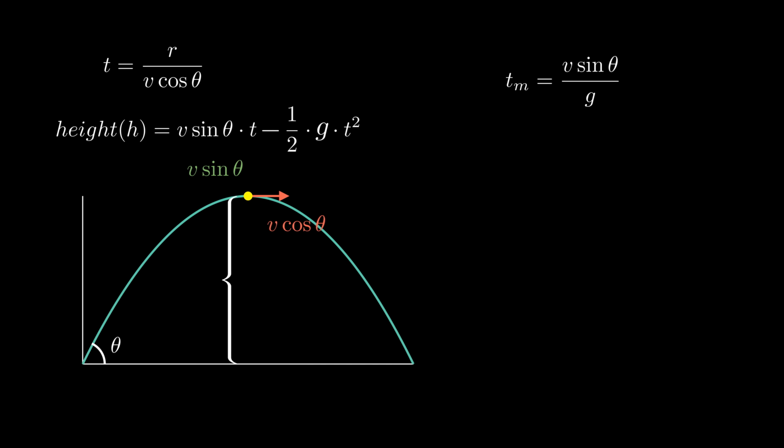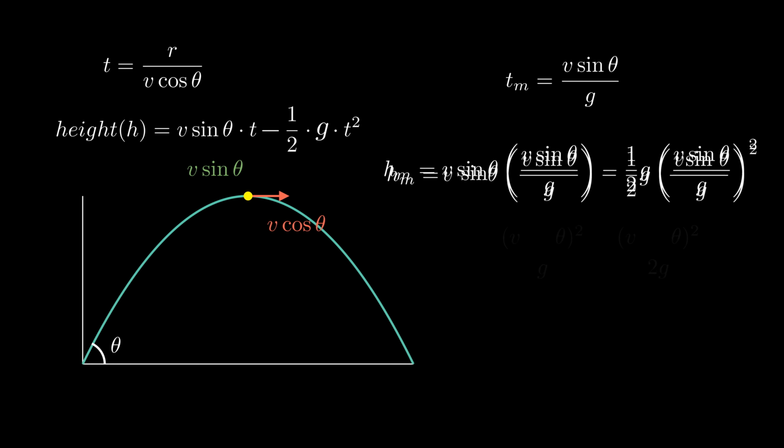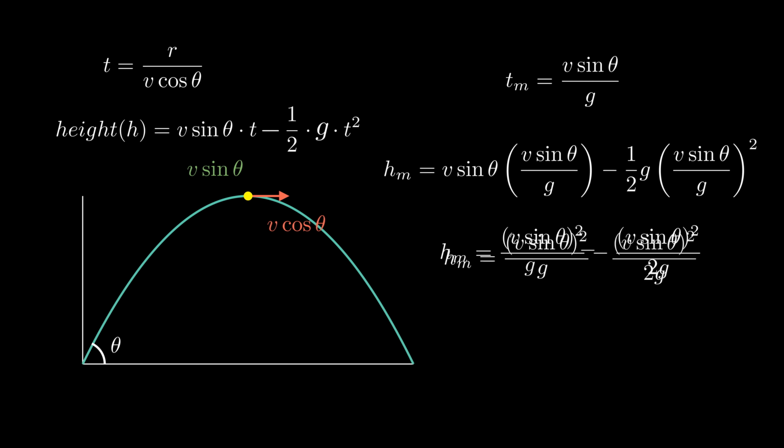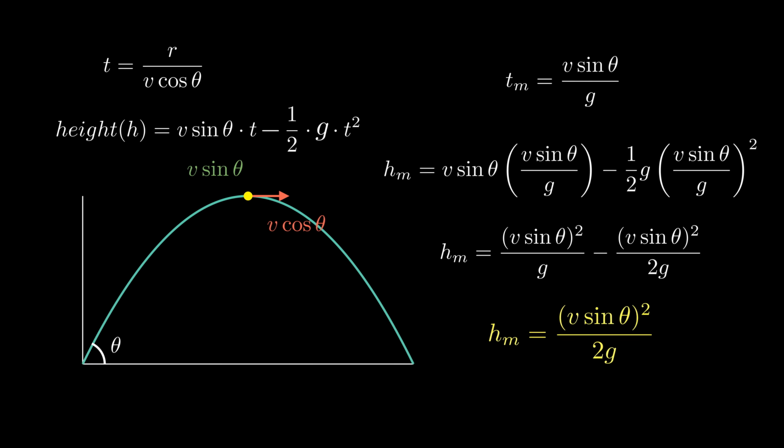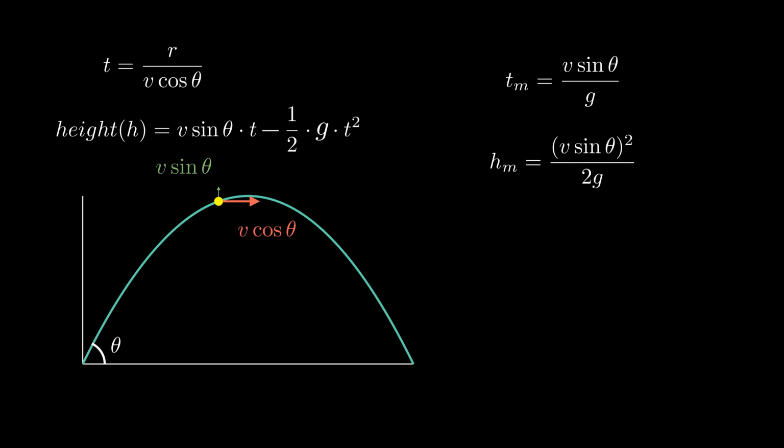To get the maximum height, we put this time in the equation for height. We can then simplify this equation and get the maximum height of the projectile. Since the acceleration due to gravity is uniform, the upward and downward motion of the projectile are symmetric.